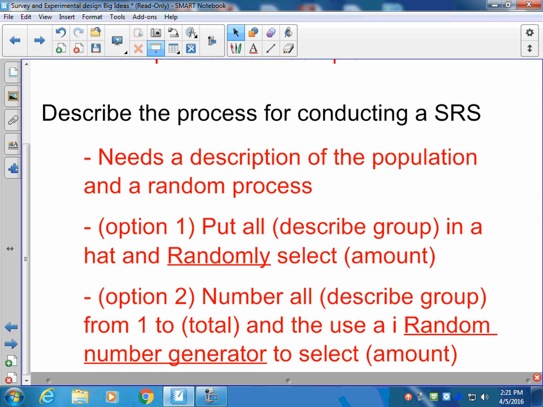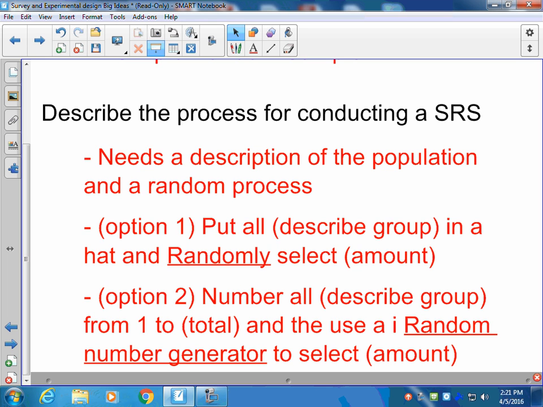Option number 2, the more true statistical method, is to number all the individuals in your group from 1 to whatever your population size is, and then use a random number generator to select whatever sample size you're looking for. Select 100, select 30 from your group.